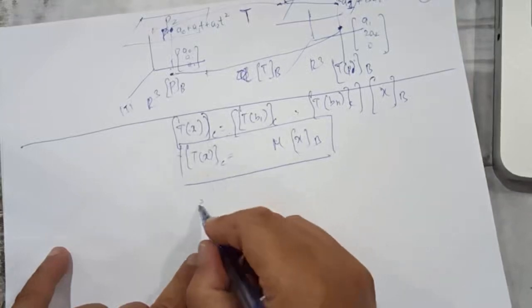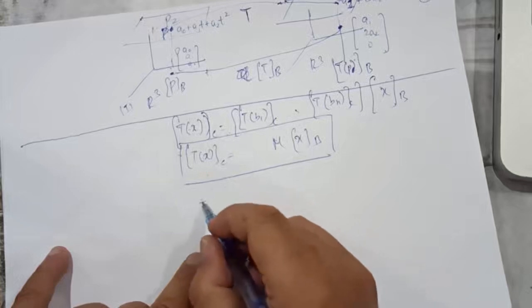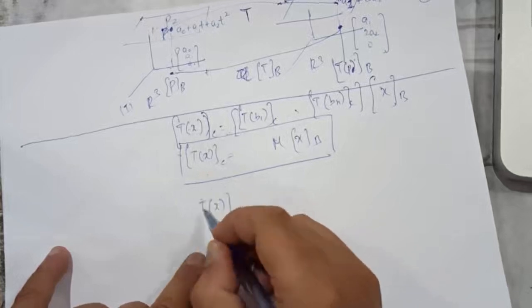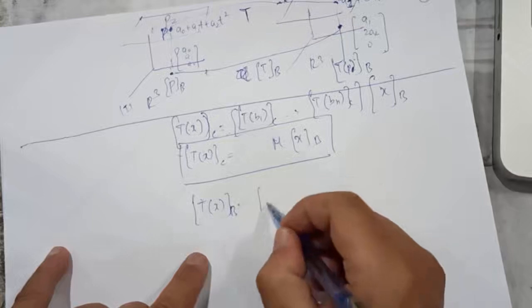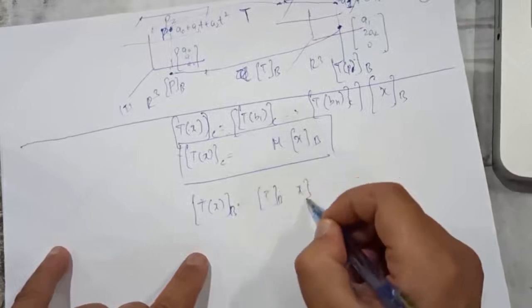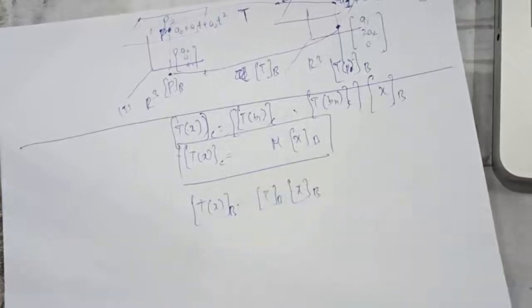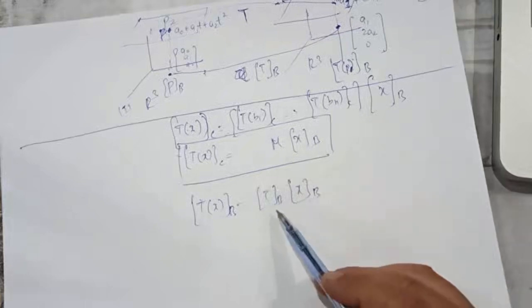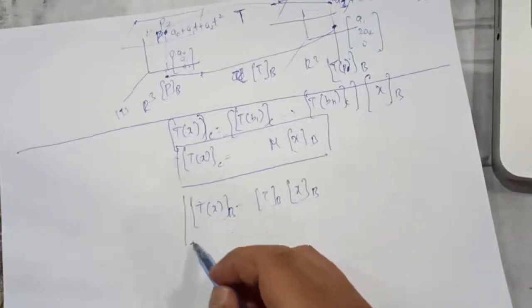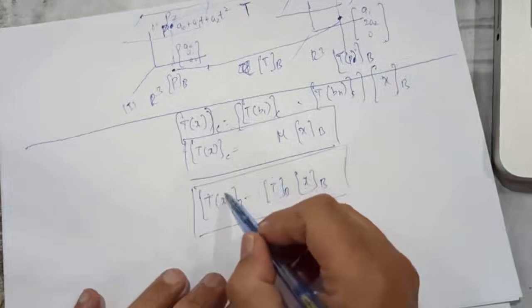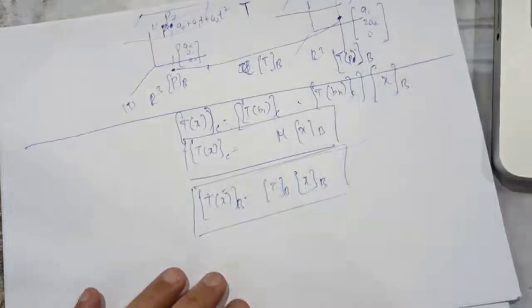So the point that we are getting here is that this transformation, T of x relative to B, is nothing but T relative to B times x relative to B. Okay, now this is the beta matrix for T, and this is the resultant vector here. So in this scenario, this is the point that we are looking for.